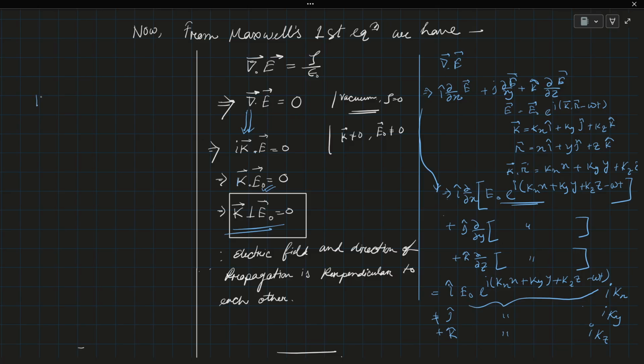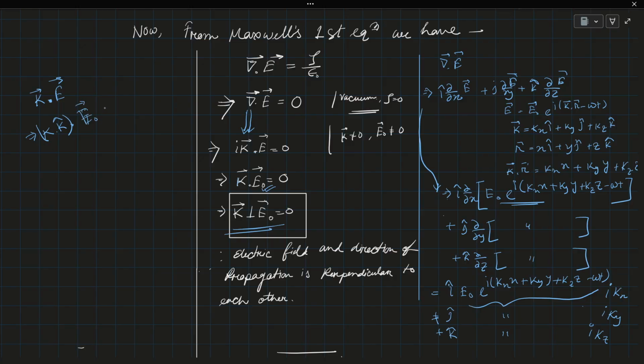In k dot E, k has some magnitude, let's say k, and the E vector has some magnitude E naught.